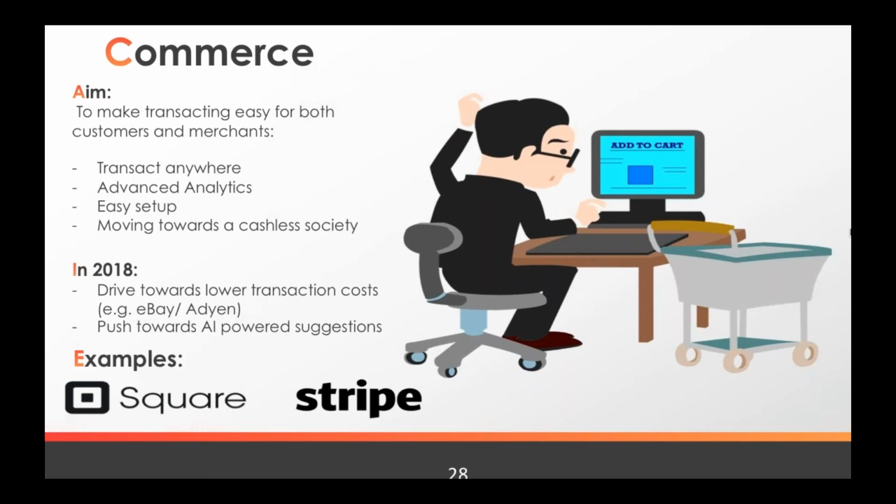A very high percentage of US e-commerce payments goes through the Stripe network. I was quite surprised when I read that around 50% of all payments in the US e-commerce system go through Stripe. What we're seeing in 2018 is merchants wanting to reduce their transaction costs as much as they can.